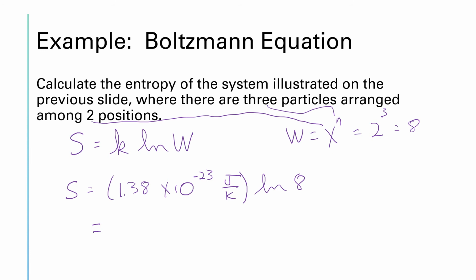So 1.38 E negative 23 times ln of 8. And that tells me that the entropy is 2.87 times 10 to the negative 23rd joules per Kelvin for those 3 particles arranged in 2 positions.